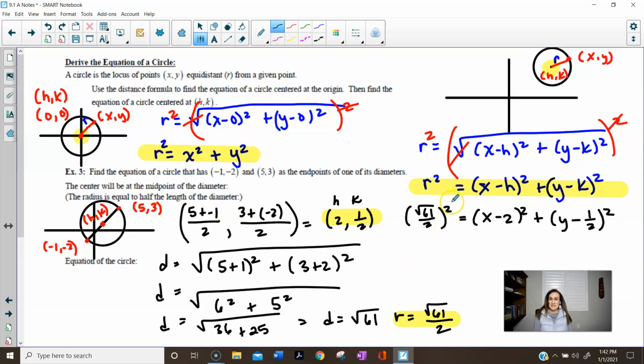And then what I would recommend is let's just simplify the radius a little bit. When you take the square root and square it, those cancel. So that's just going to be 61 over 4. So final answer, (x subtract 2) squared plus (y subtract 1/2) squared is equal to 61 over 4. You could use the decimal there if you wanted, but I'm good with the fraction.